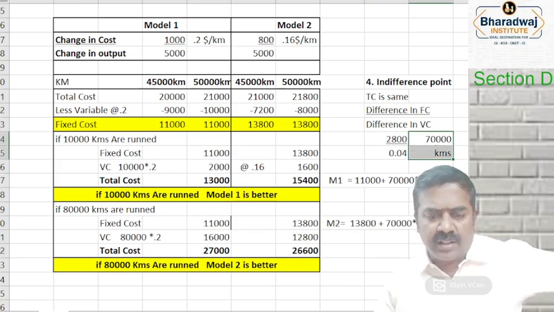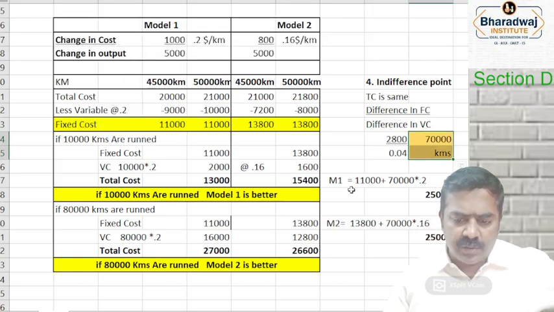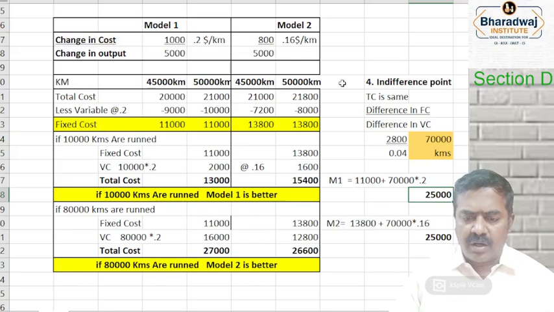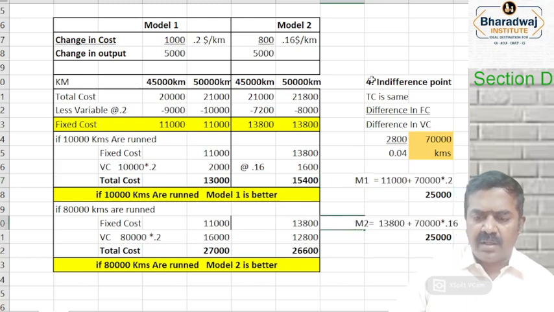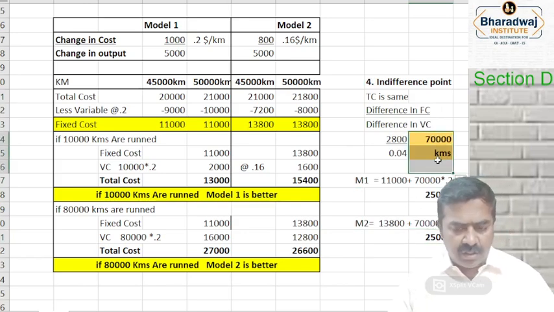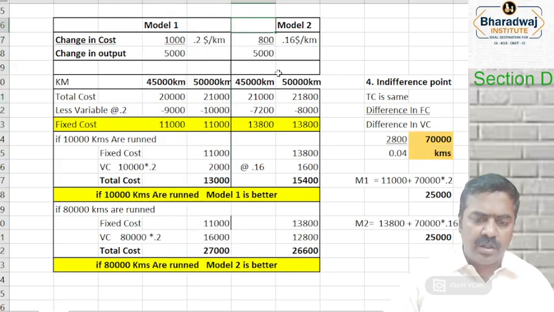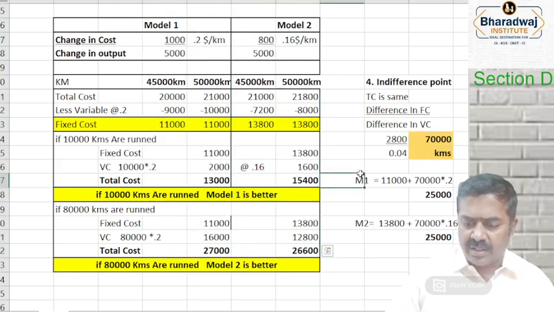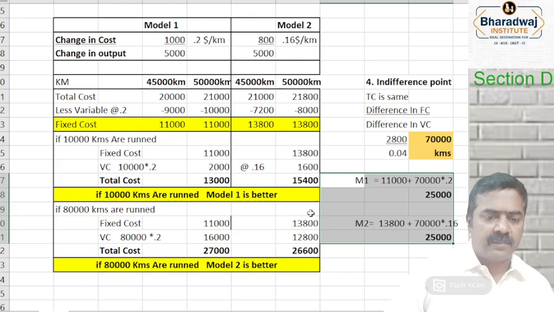So at 70,000 kilometers, model 1 or 2, the total cost will be the same. That is called the indifference point. So when you're running 70,000 kilometers, whether you go for model 1 or model 2 of the truck, it will give the same total cost. You will not be able to decide which model is better.